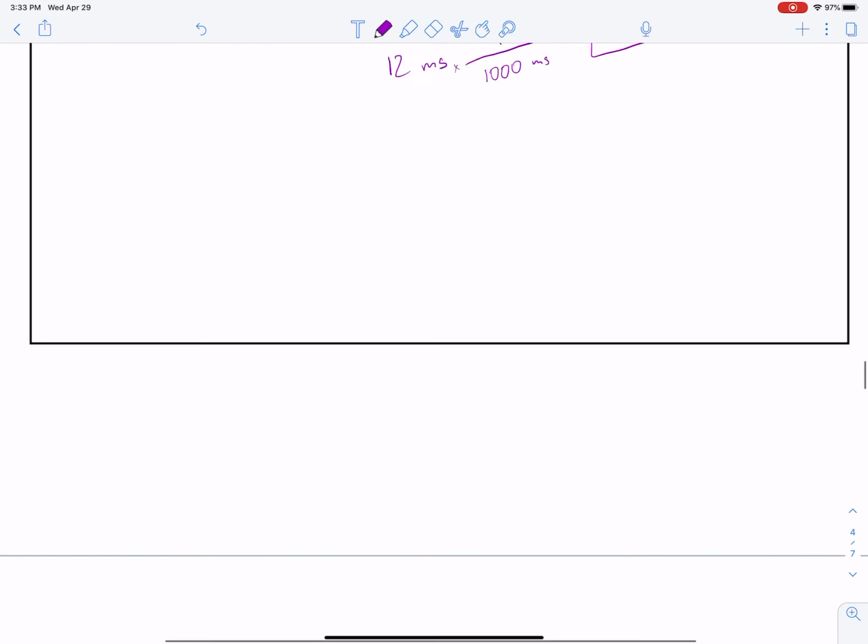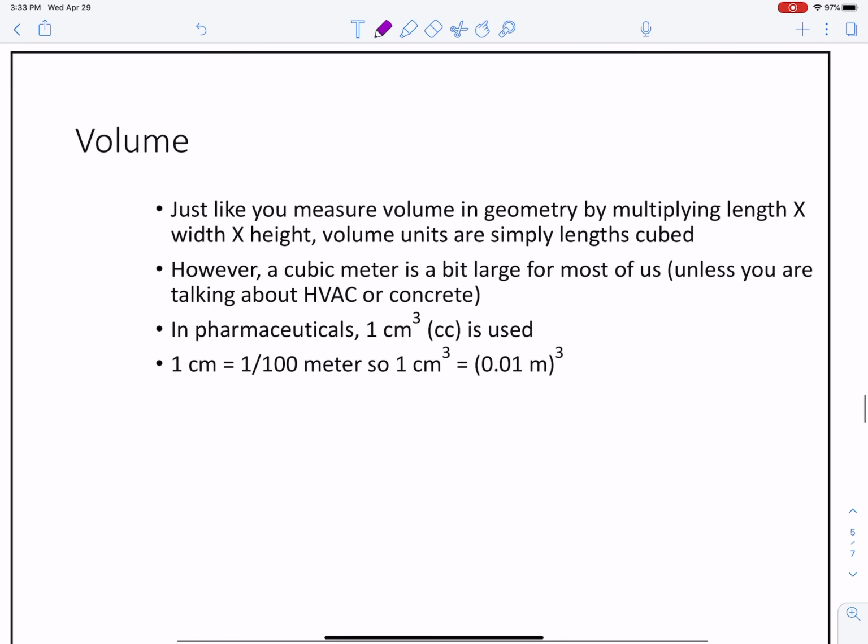Now, not only can you measure in time, but you can measure in volume. In the U.S., we like fluid ounces. But the rest of the world works in terms of liters. Now, the reason why liters is based on the volume of water.